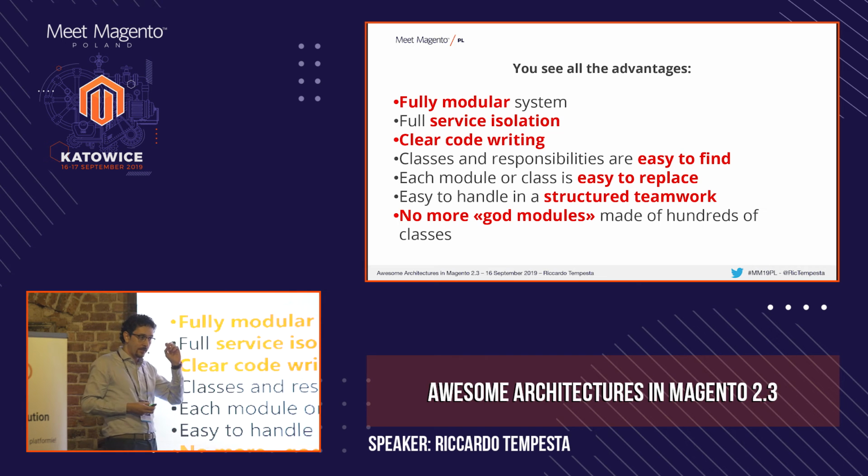You have a class that is named get products by SKUs, so it's quite easy to understand what it is doing. And you have very few side effects. And, the last one, you have no more God modules, like those huge modules such as the catalog module we had in Magento 1, that was super huge and everything was there. It was impressive.